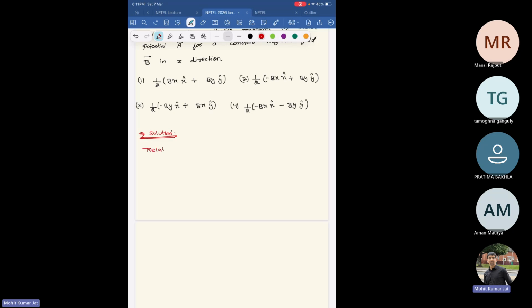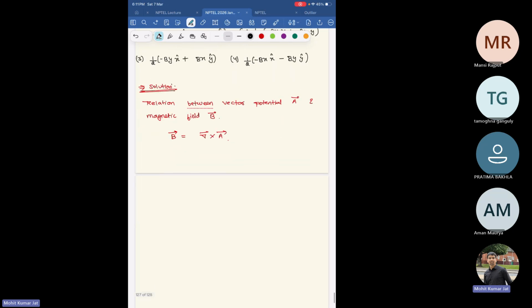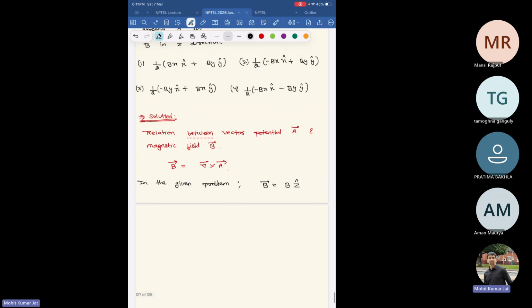Relation between vector potential A and magnetic field B. So the relation is vector B equals curl of A. And since in the given problem, magnetic field B is given as Bz cap, in the Z direction, this is the criteria.